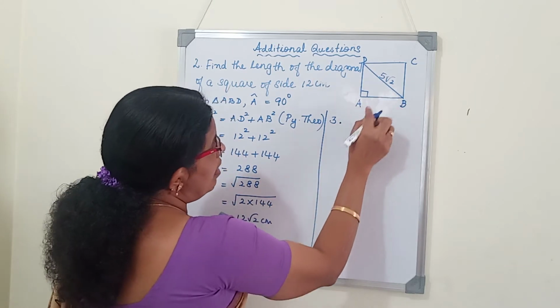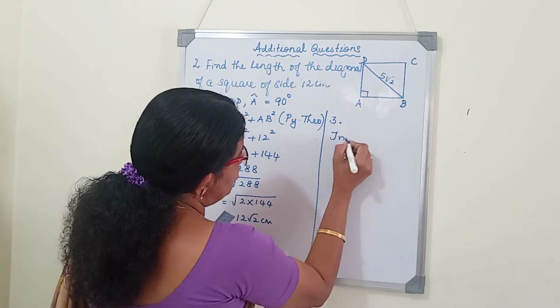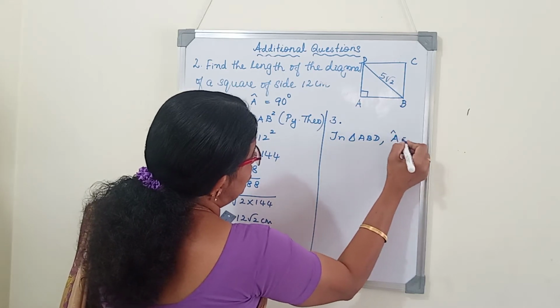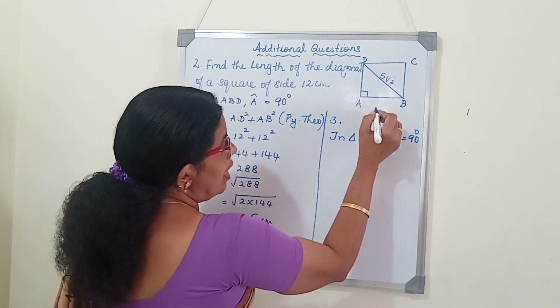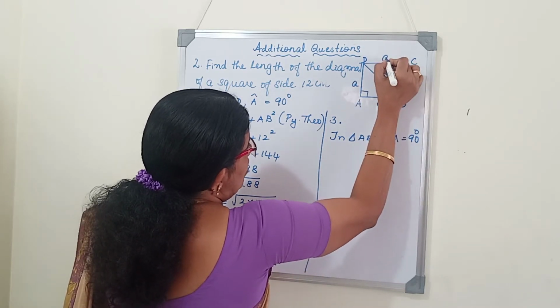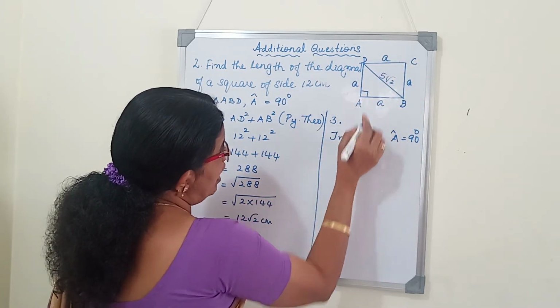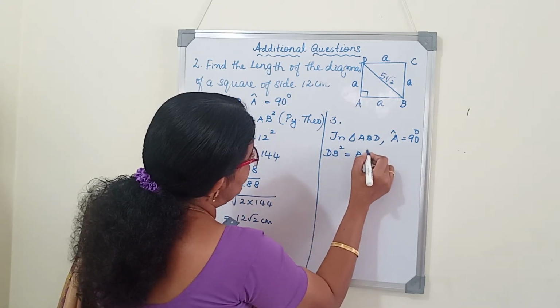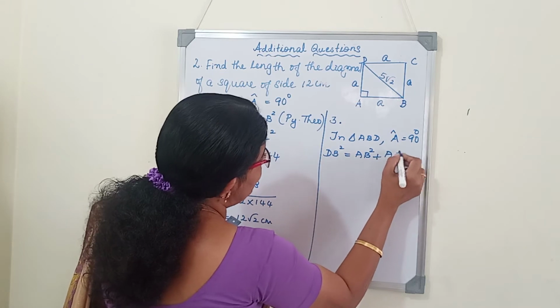So here again in triangle ABD, angle A is 90 degree. All the sides of a square are equal to a, we will write a unit. So in triangle ABD, if angle A is 90 degree, DB square is equal to AB square plus AD square by Pythagoras theorem.